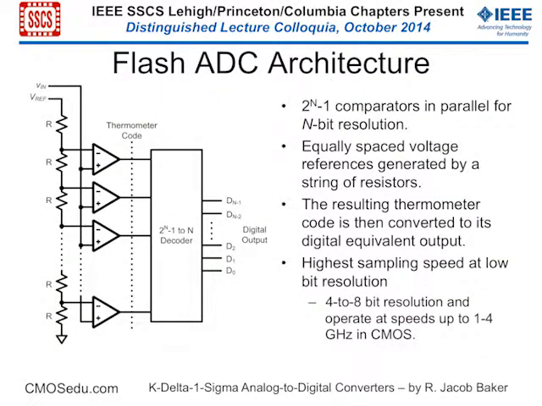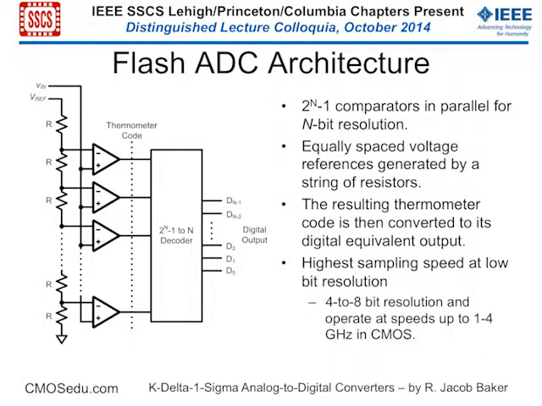All right, so a quick review of flash A to D converters. This is the traditional way of doing the highest speed A to D converter. Your input signal comes in, and you compare it with the reference voltage divided down, and you get a thermometer code. As the input signal moves up and down, your ones and zeros move up and down, you code it and you get your word out.